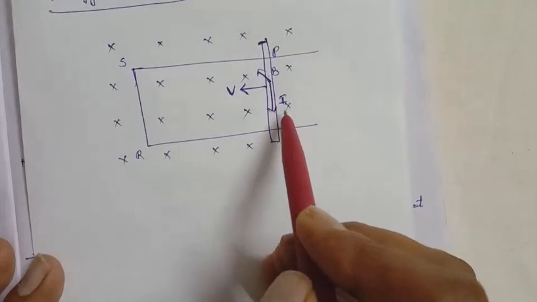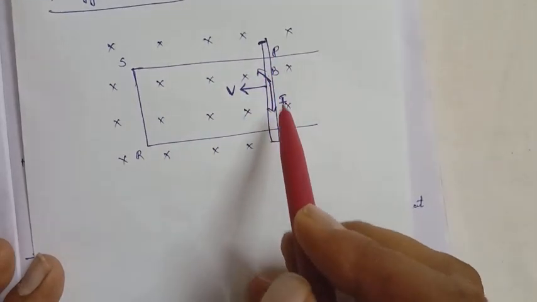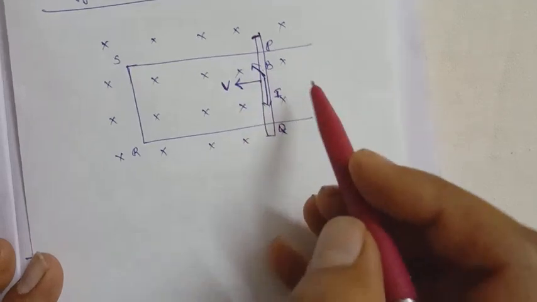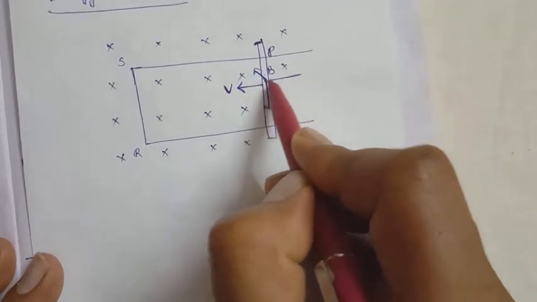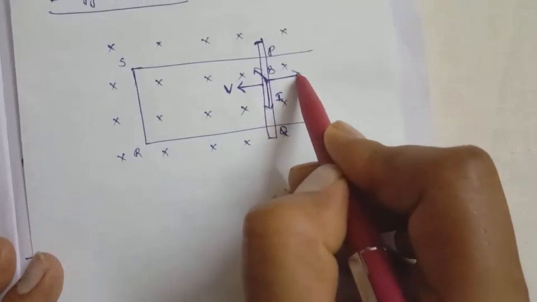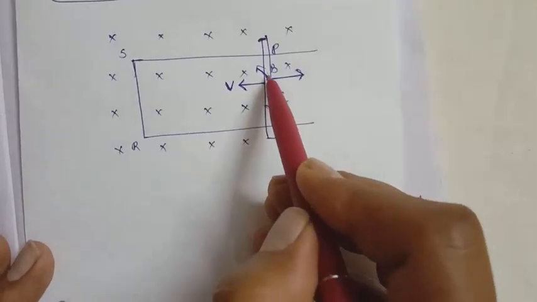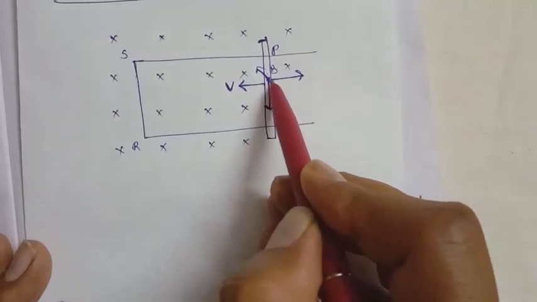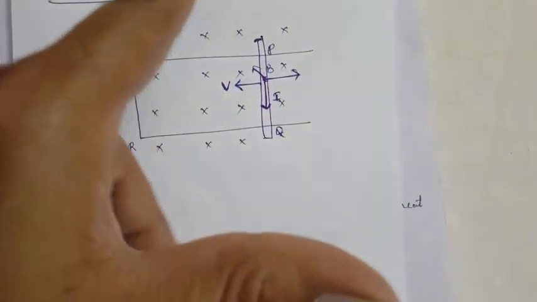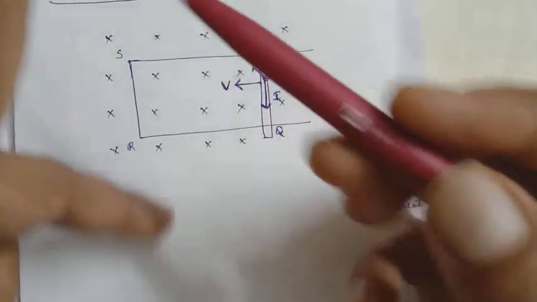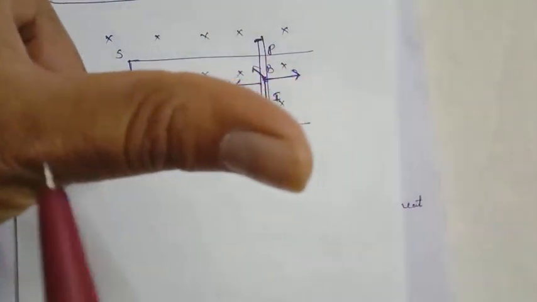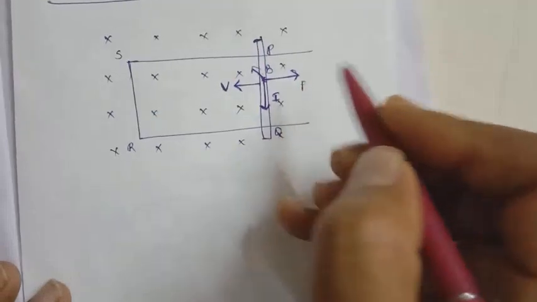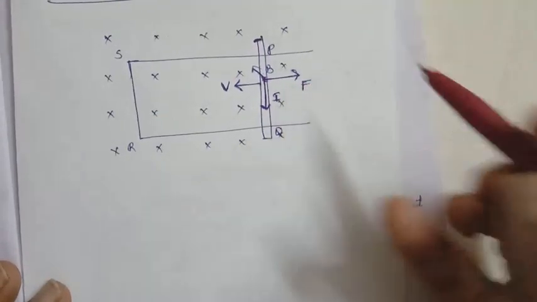When a current carrying conductor is in a uniform magnetic field, there is a force acting. That force is along this direction according to Fleming's left hand rule. It is your forefinger and your middle finger, and then the thumb direction is the direction of the force.